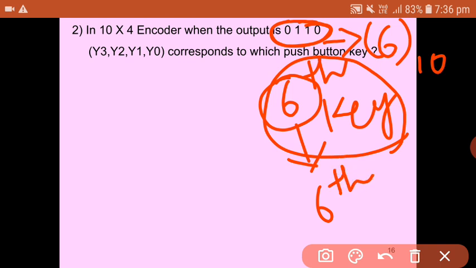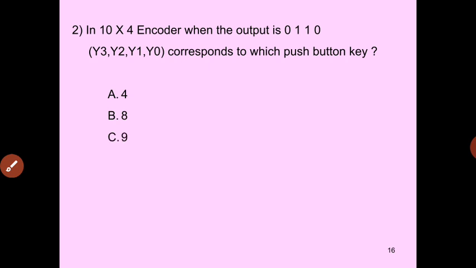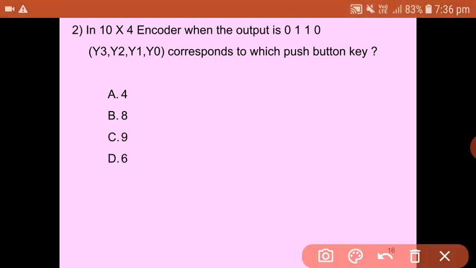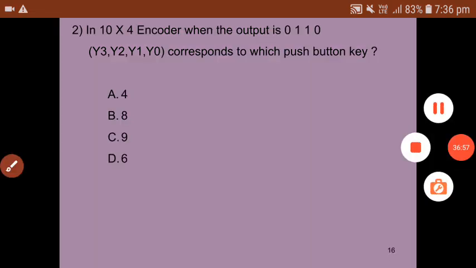Whenever you press the sixth push button key, the output of the 10 by 4 encoder will be equal to 0110. That is the meaning. So the answer will be 6, option D is correct.